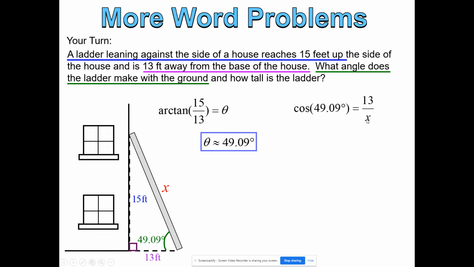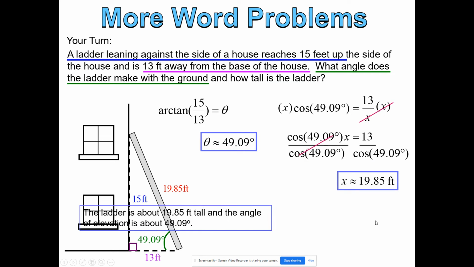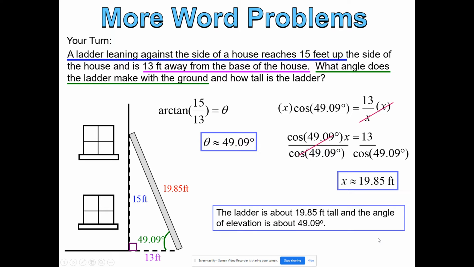This is one where the variable's in the denominator, so we're going to bring this over and divide by cosine of 49.09. We end up with x equals 13 over cosine of 49.09, which is about 19.85 feet. So the ladder is about 19.85 feet long, and the angle of elevation is about 49.09 degrees.